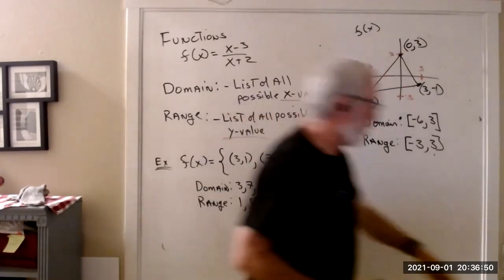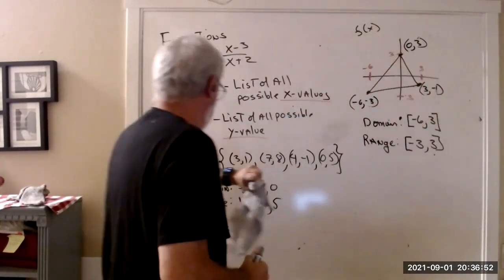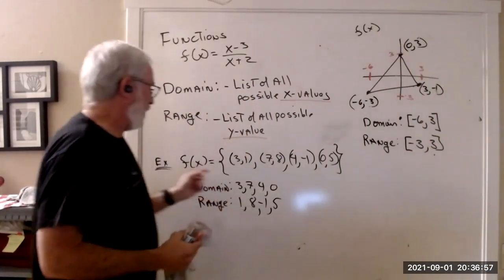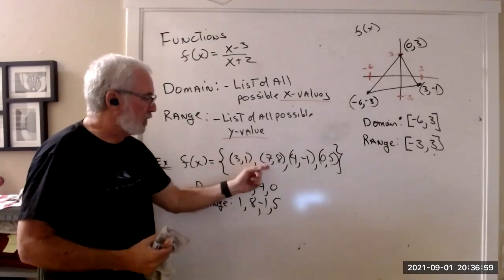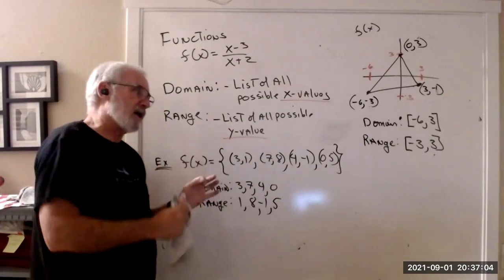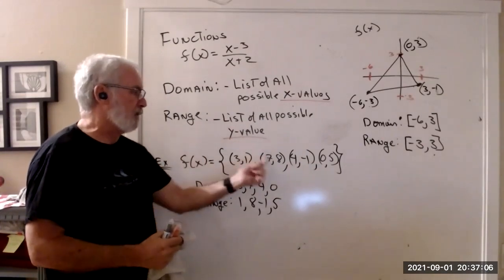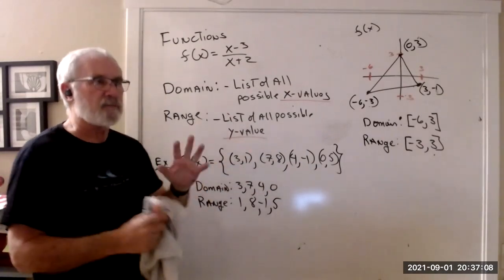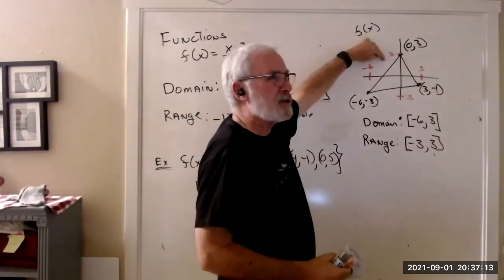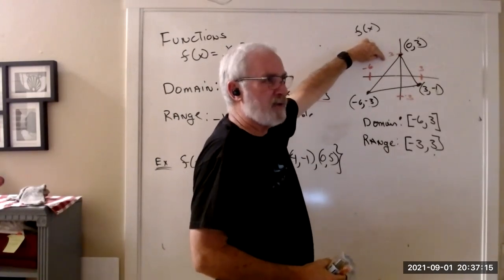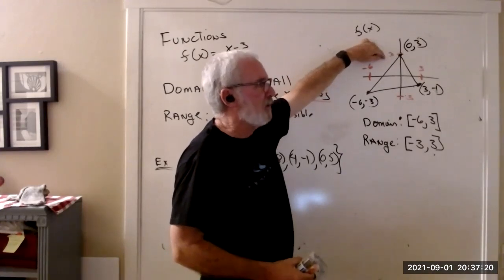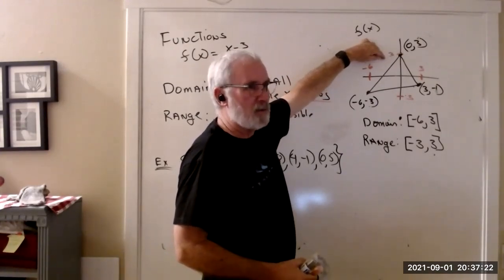Everything. Let's try one more, and then I have something for us to do. So if I give you individual little points, then it's easy to pick out the x's and the y's. If I give you this ordered pair, x's and y's are easy. But if I give you a picture, x's and y's aren't so easy. You've got to do a lot of analysis, a lot of thinking. This is actually a very high-level thought problem.